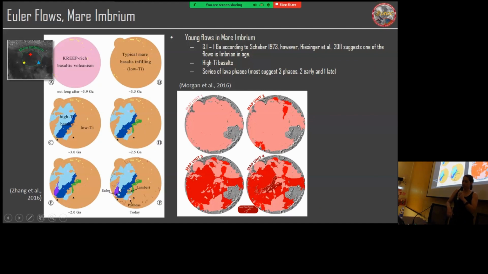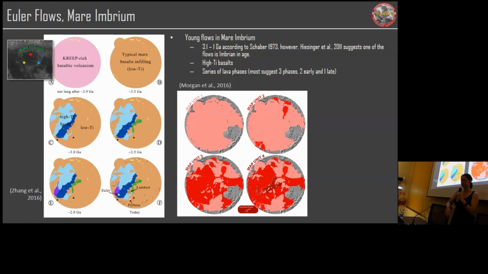A Schaber paper from 1973 suggests that these young flows range in age from 3.1 to 1 billion years. However, recently Hiesinger et al. 2011 suggests that one of those flows is probably Imbrium in age.